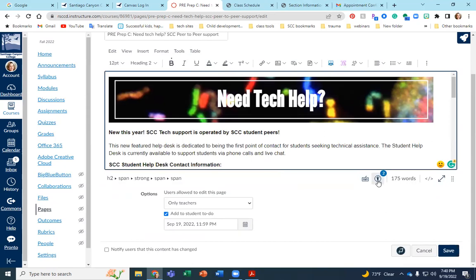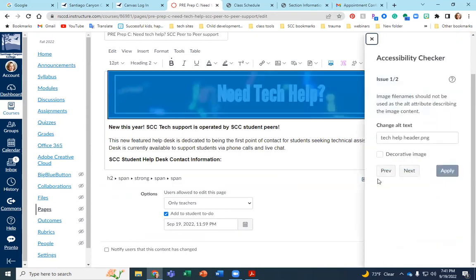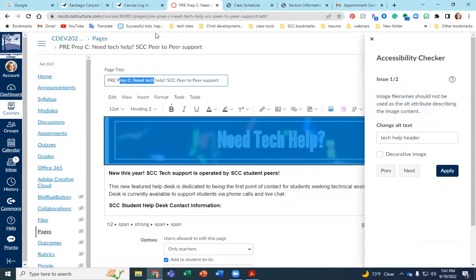Oh, check this out. Here's my accessibility checker. It's telling me right now that this page is not very accessible for other people. Check this out. It's telling me about my header, and again, I'm going to teach accessibility, so I'm going to show you how. I have to name this without making it an extension. Tech help header. That works. It's technically a decorative image because there's another title right here, peer-to-peer support, but I'll leave it like that.